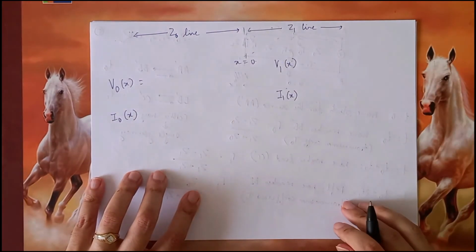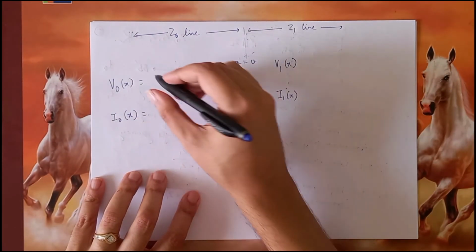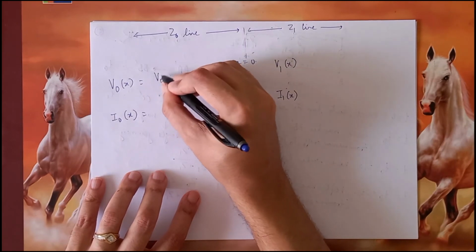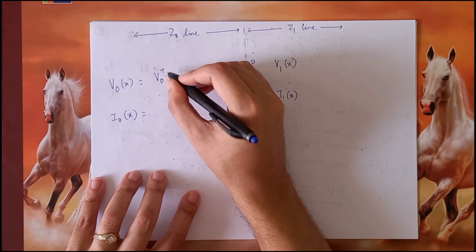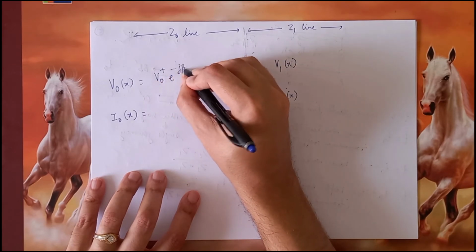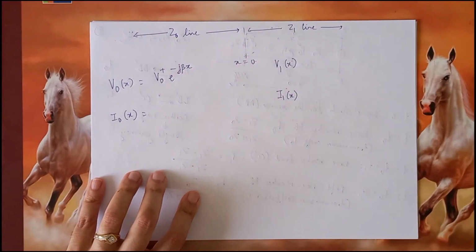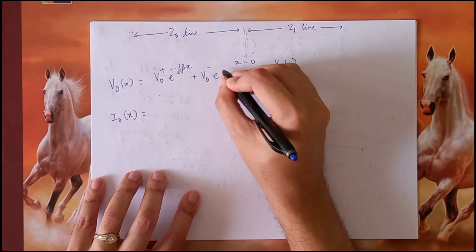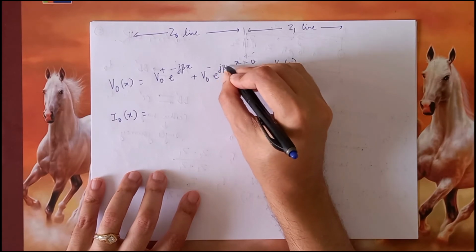So, as per the solutions of the telegrapher's equations, this is what we will have. Plus some other constant V0 minus times e raised to j beta x.